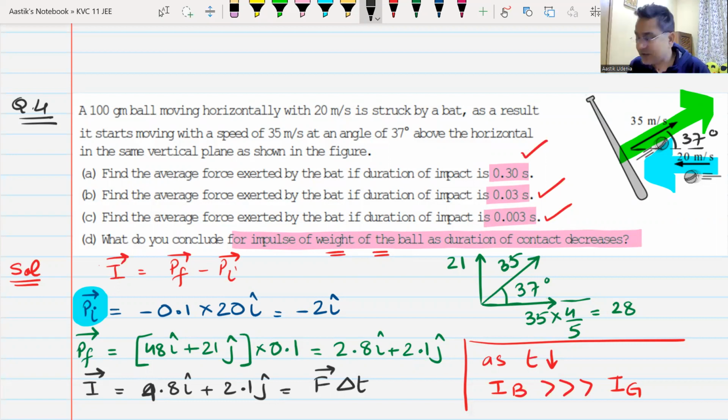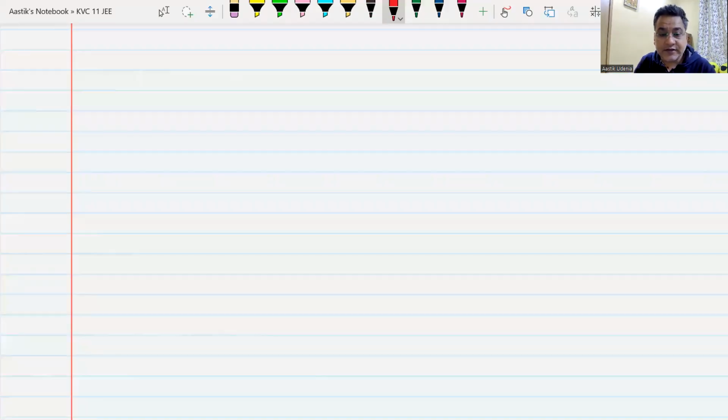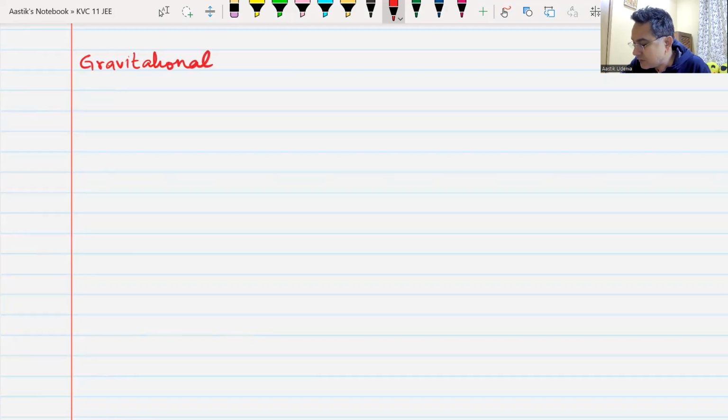We have seen once again that gravitational force and spring force, these two forces, are taken as non-impulsive.